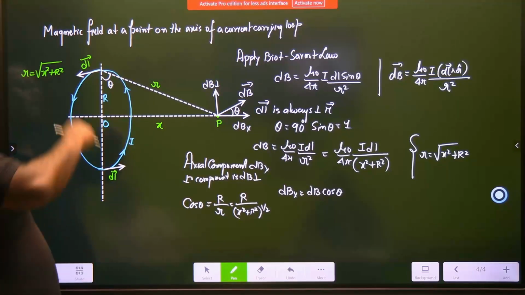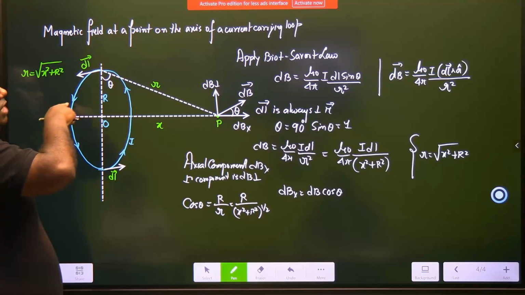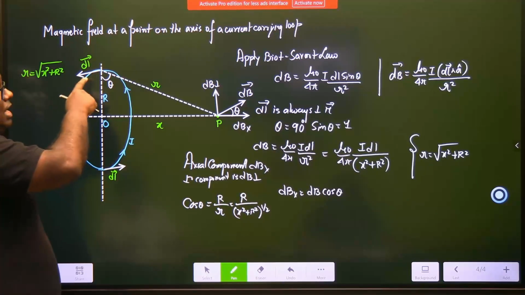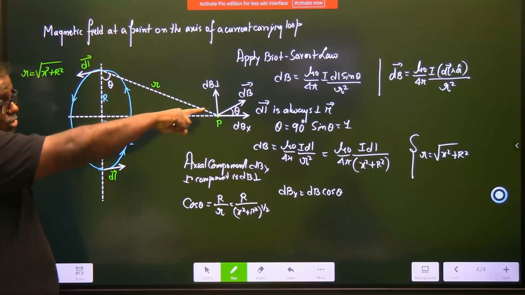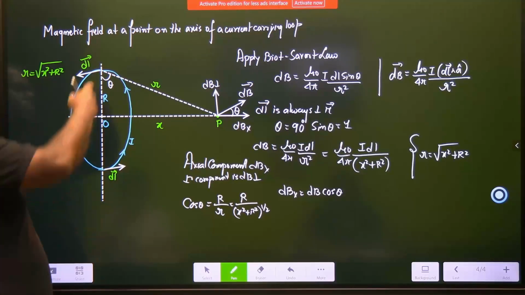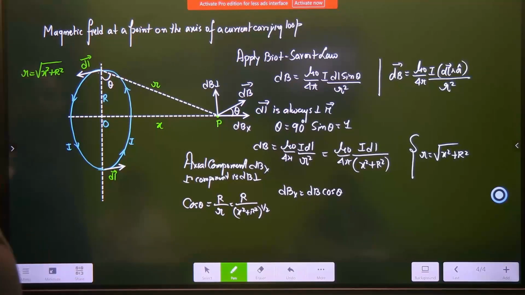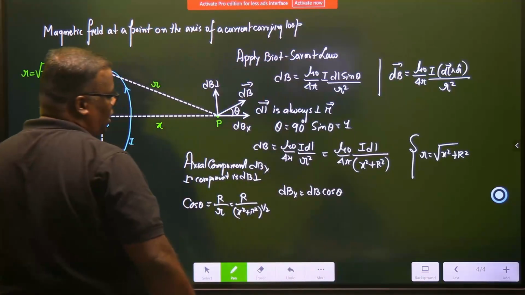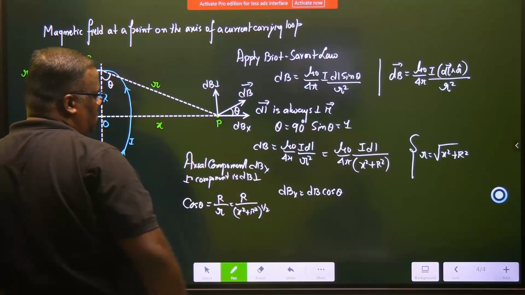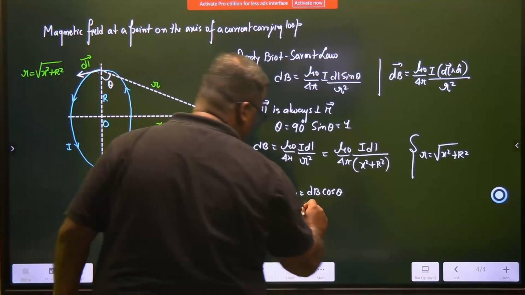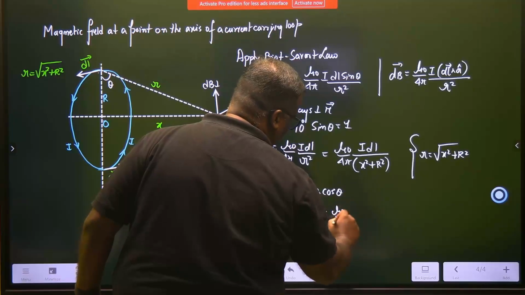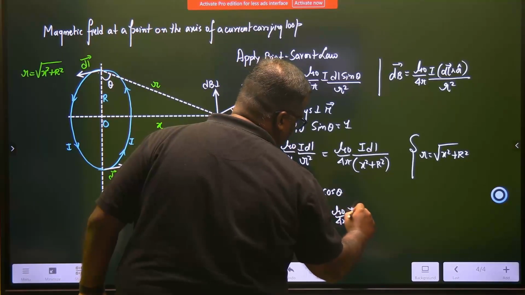See, dL and r are also 90 degrees. Children, I might not have been able to draw it properly. dL and r is 90 degrees, that's what you have already assumed. This will always be 90, and this angle will be equal to theta. So can you now find out the value of dBx? dBx can now be written as mu naught by 4 pi I dl.